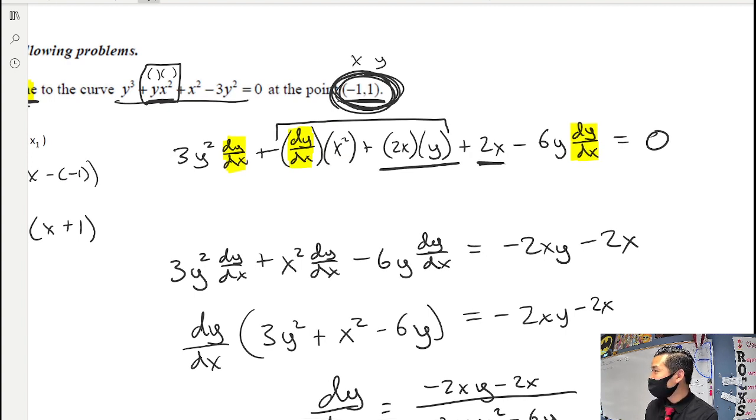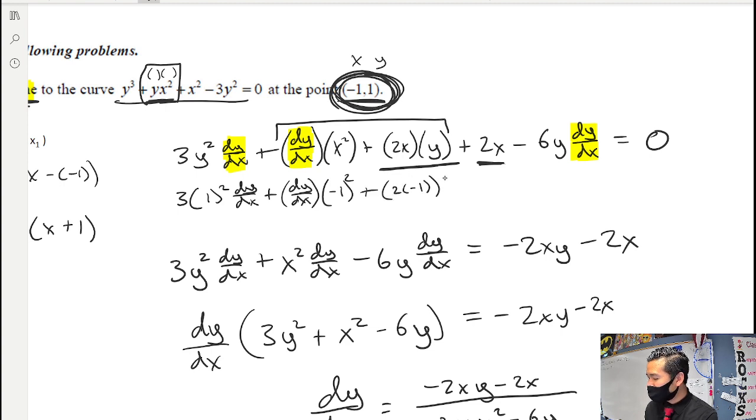Just plug it in now. 3 times 1 squared dy/dx plus dy/dx times negative 1 squared. You okay with that? Plus 2 times negative 1 times 1 plus 2 times negative 1 minus 6 times 1 dy/dx.